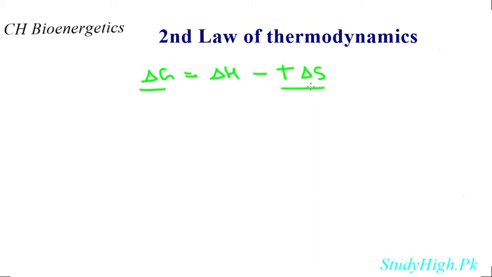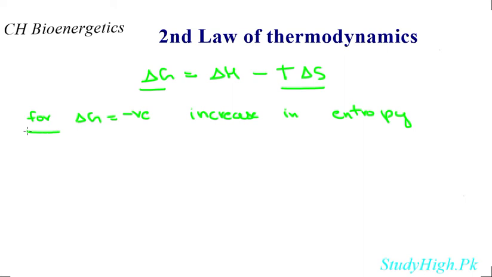The second law states that for chemical reactions that are spontaneous, meaning they have negative delta G, there will be an increase in entropy of the environment.